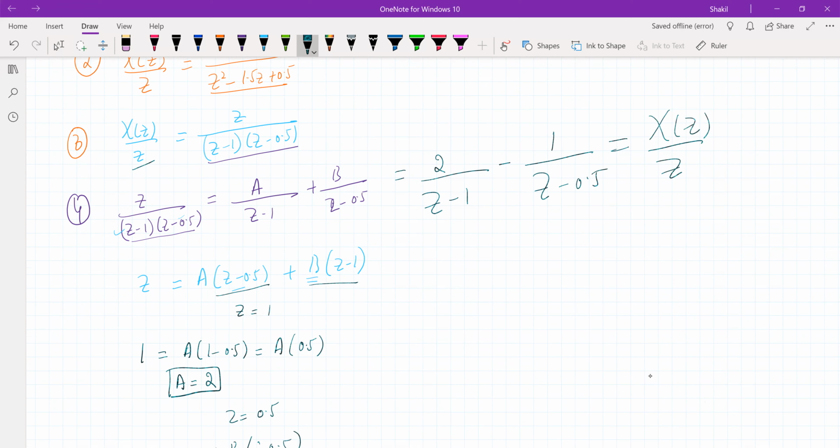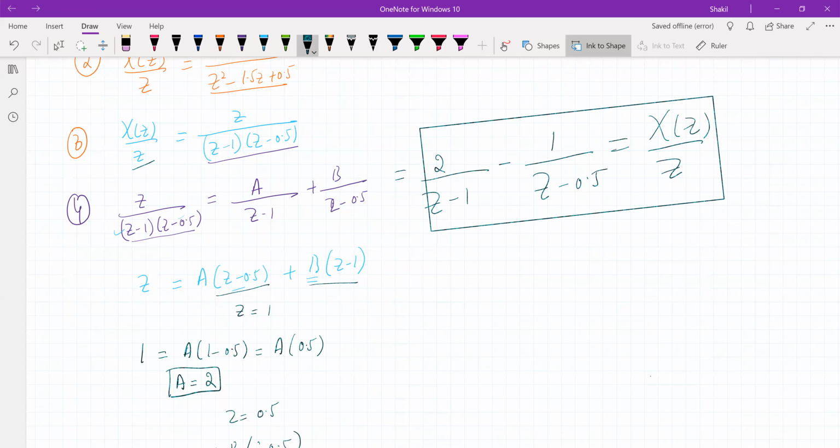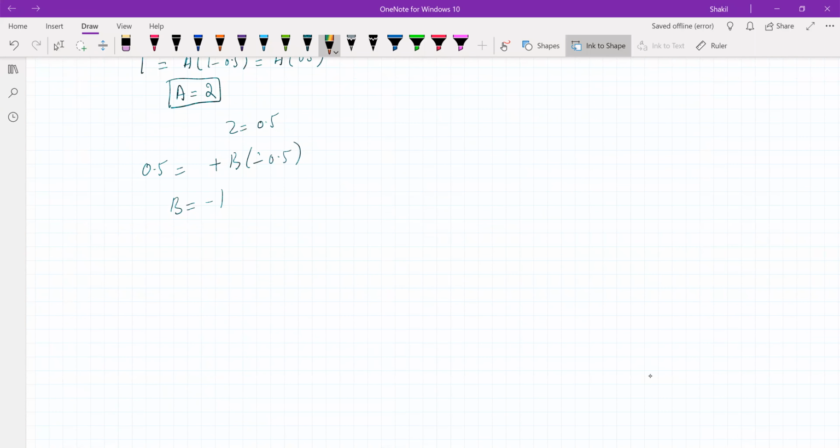Now I can write this quantity. Let me write at the bottom. I can write it as X(z) by z is equal to 2 by z minus 1 minus 1 by z minus 0.5.